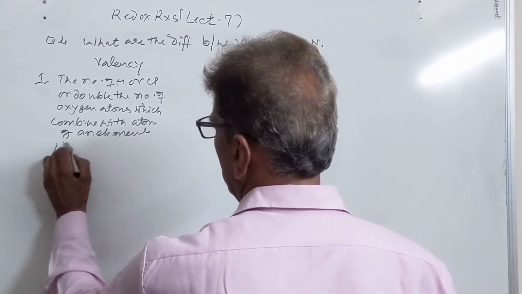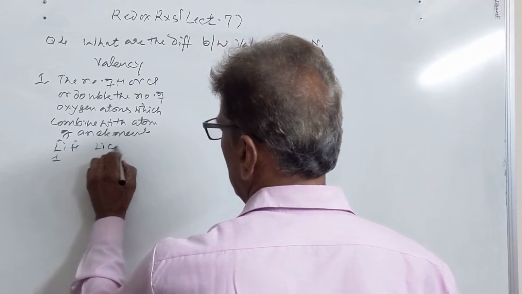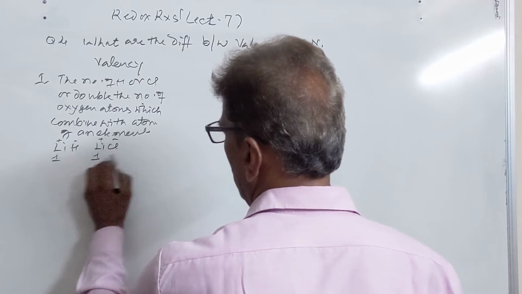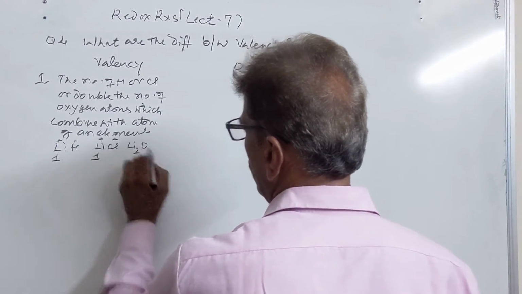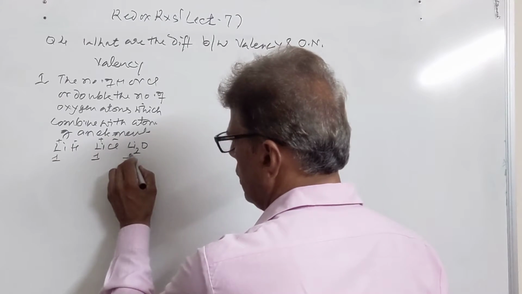For example, lithium combines with one hydrogen, valency is 1. It combines with one chlorine, valency is 1. Two lithium combine with one oxygen, valency is again established as 1 here.